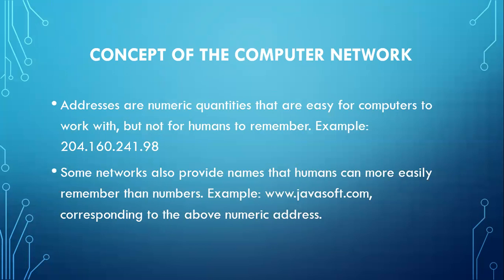Now, some networks also provide names that humans can more easily remember than numbers. Take an example, www.javasoft.com. It just corresponds to the numerical address that we've seen above, 204.160.241.98.